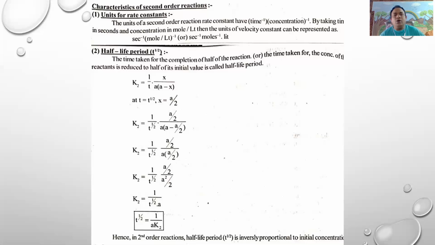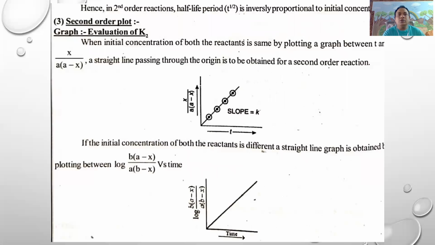But in the second order, the half-life period t-half equal to 1 by K2 a, where K2 is a second order rate constant. Therefore, t-half is inversely proportional to a. Means the second order half-life period is inversely proportional to the initial concentration of the reactants.